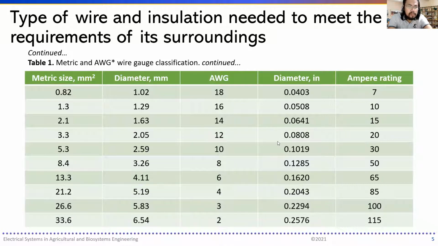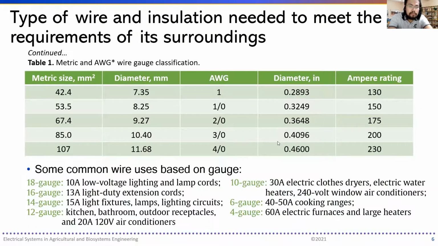Here is a continuation of that table showing the metric size in millimeters squared, the diameter in millimeters, the AWG, the diameter in inches, and the ampere rating. Notice the decrease in the AWG as the metric size increases, and the ampere rating as well.